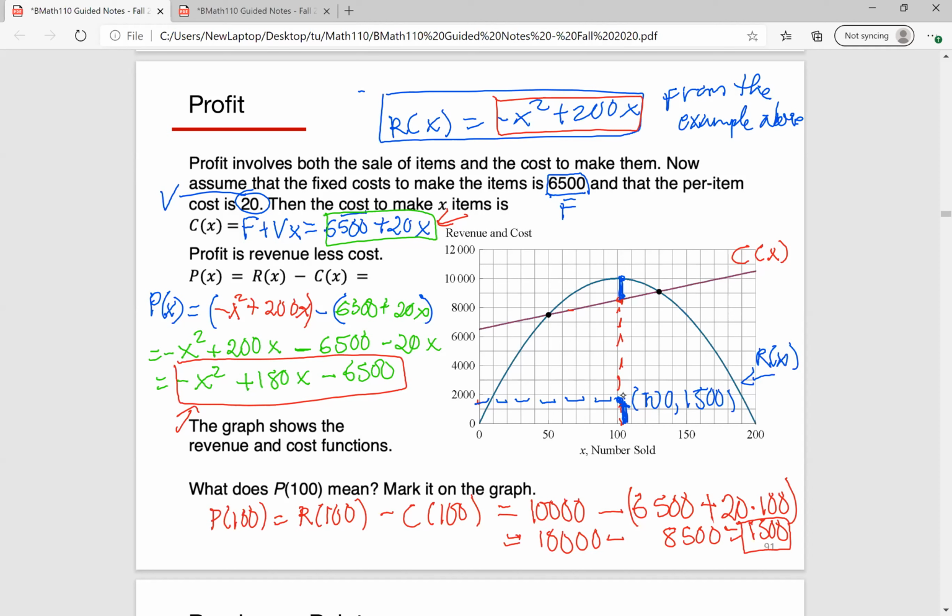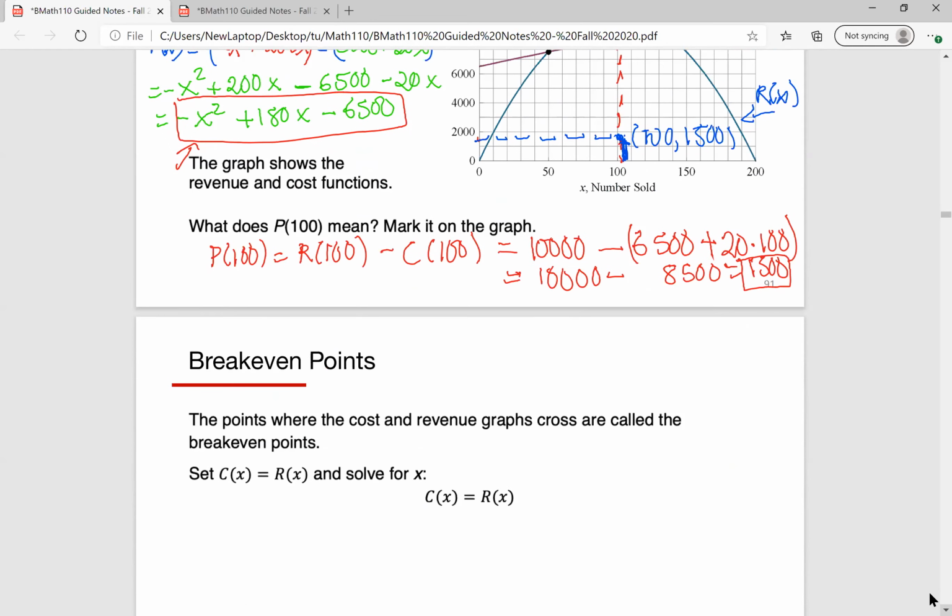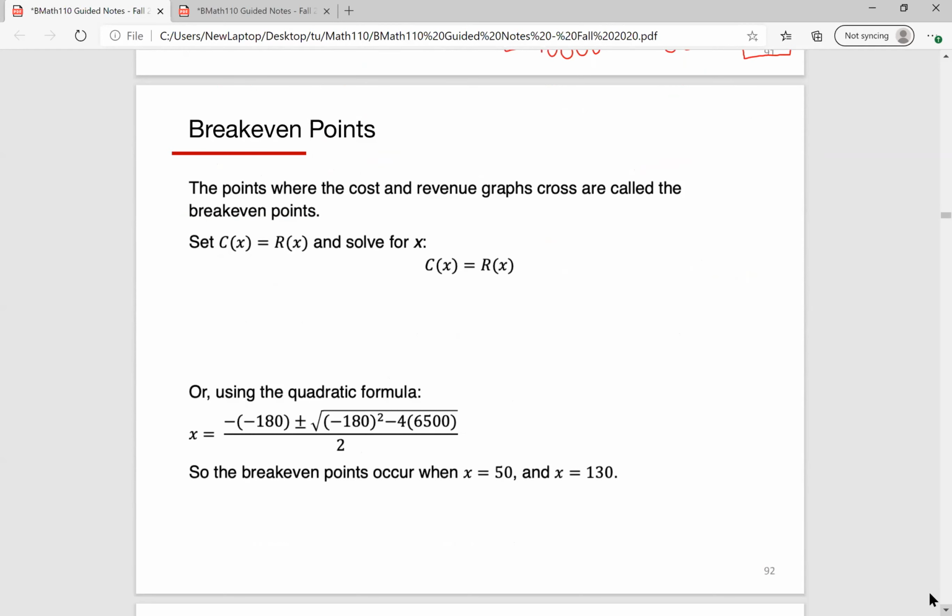Okay. Let's move down. So now we'll talk about break-even points. We learned last time about break-even points, which is when the revenue and the cost are equal to each other.